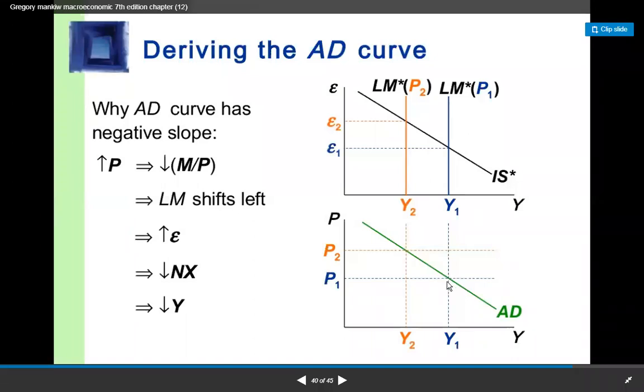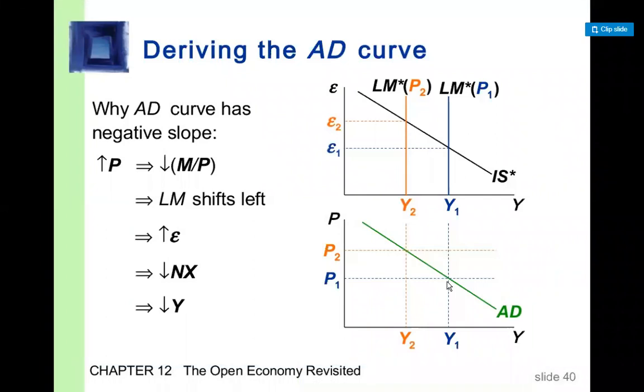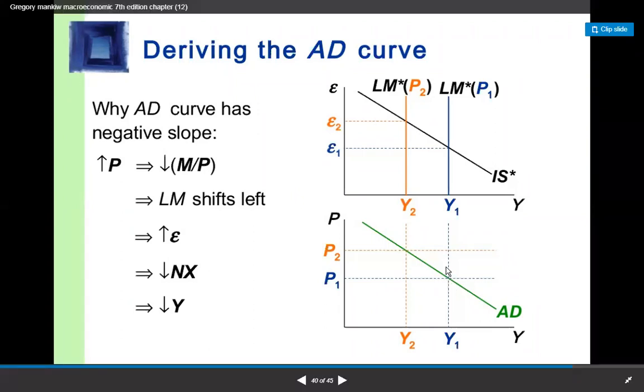Now, for a while, for some moments, ignore the aggregate demand green colored line. Just ignore it for a moment. Just think of this point, where the equilibrium level of income is Y1 and the price level is P1.